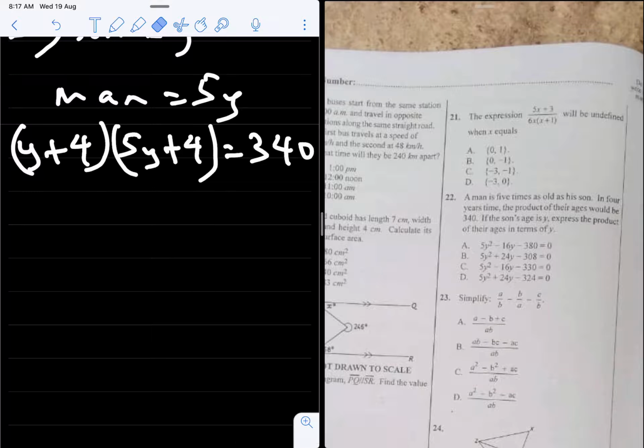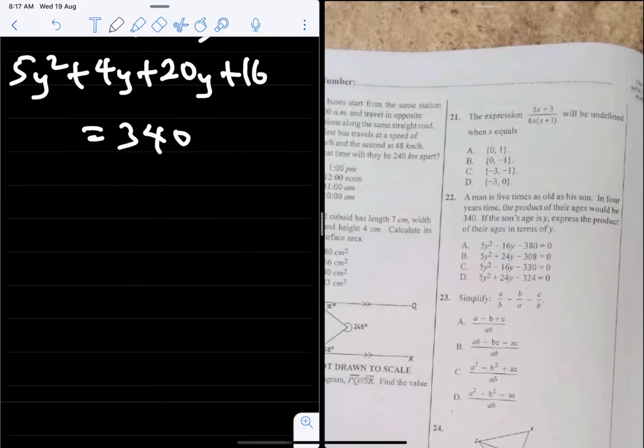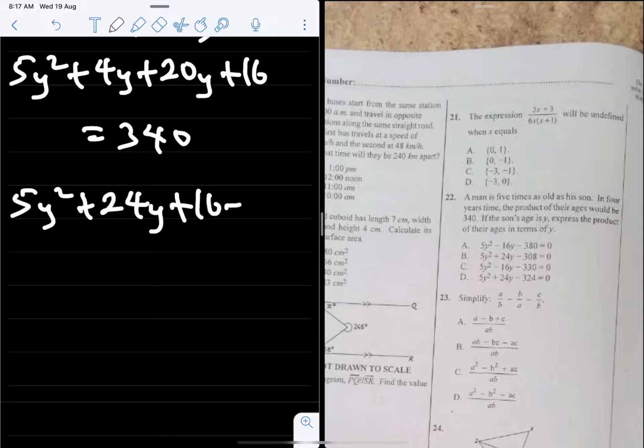So that simply means 5y squared plus 4y plus 20y plus 16 equals 340, which simply means 5y squared plus 24y plus 16 minus 340 equals 0.